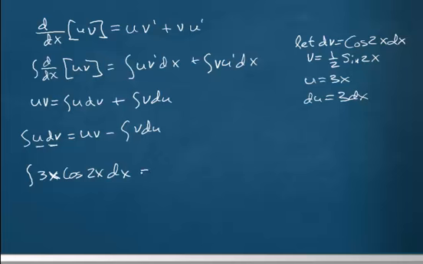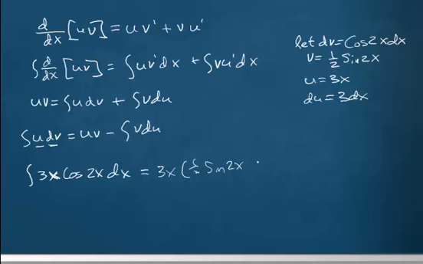So what I'm going to do then is take this expression that I have here. We've got u identified as 3x and dv identified as cosine 2x dx. And I'm going to say, well, that's equal to u times v. Okay, so u times v is going to be 3x times 1/2 sine 2x.